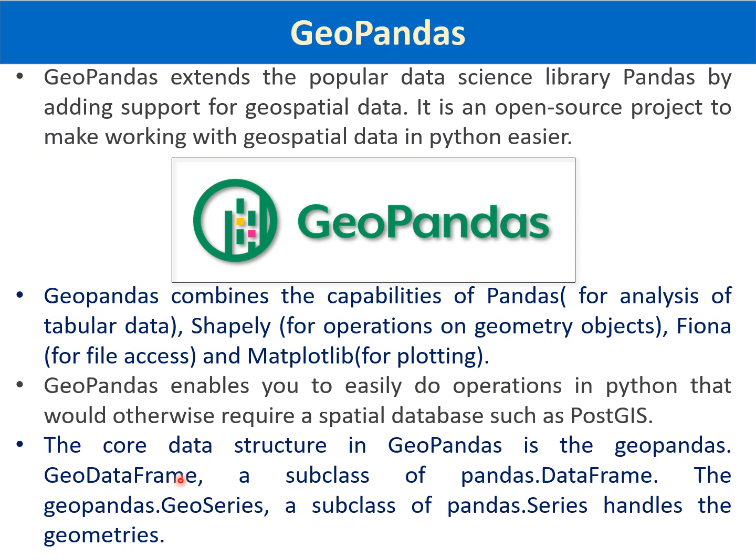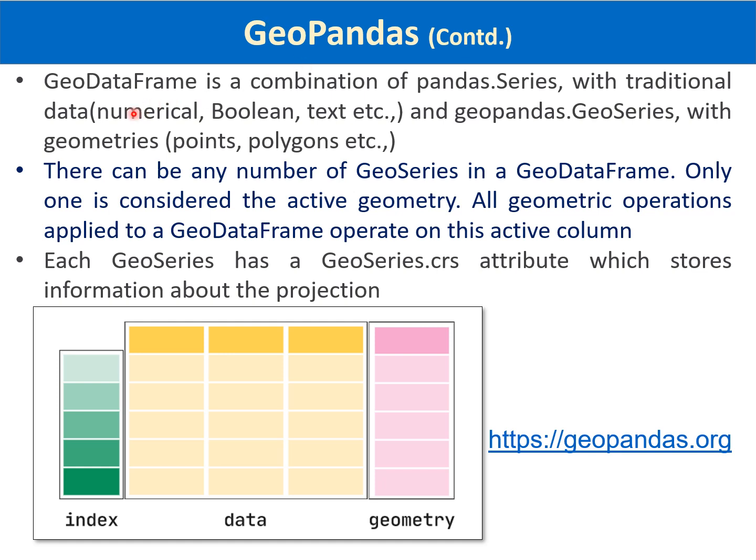This is a subclass of the Pandas DataFrame, which we saw yesterday. The GeoPandas GeoSeries, which is a single column of the data frame, is a subclass of the Pandas Series, which handles the geometry. A GeoDataFrame is a combination of Pandas Series. Up to this part it is Pandas: a DataFrame having Pandas Series, individual columns of the same data type, and a combination of them having an index.